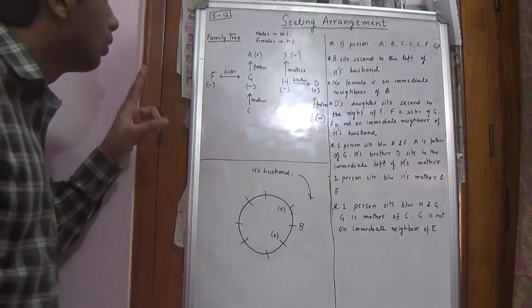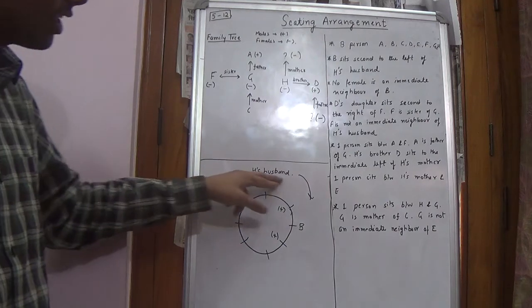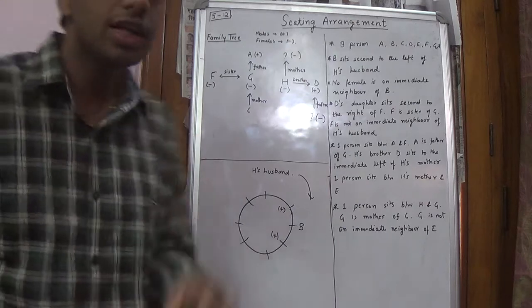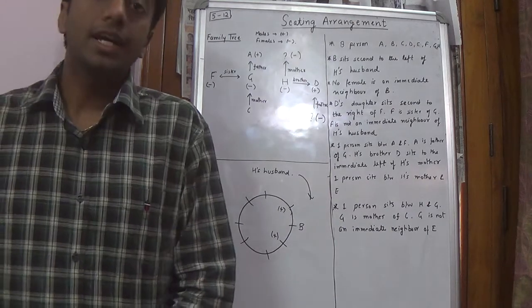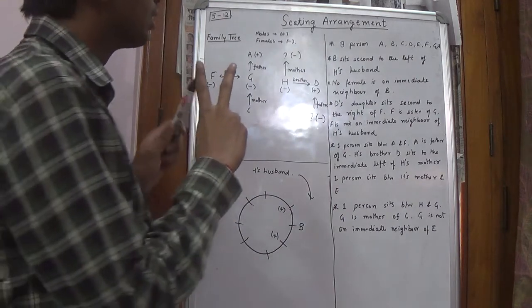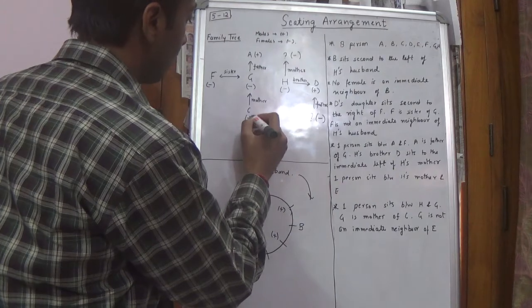So from our questions we can make out H's husband is a male. Positive, positive, there are two males, so there are three males according to the diagram, but in the family tree we have got two males only. So the last person remaining, C, would be a male.